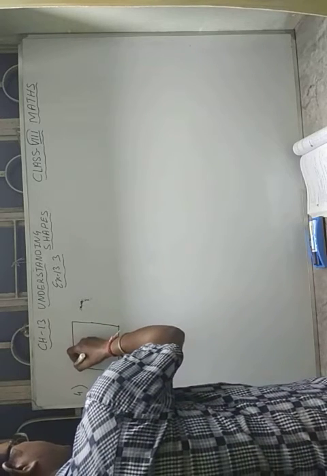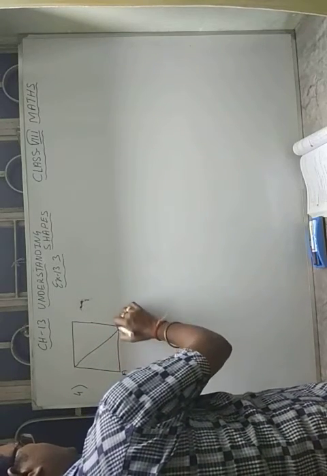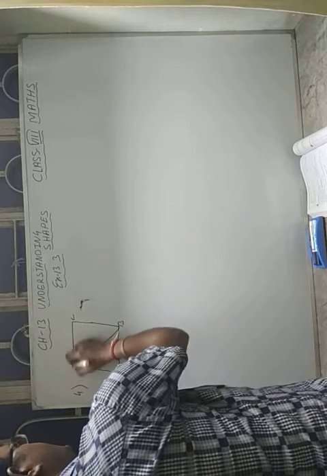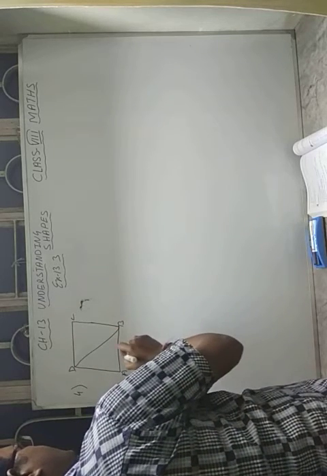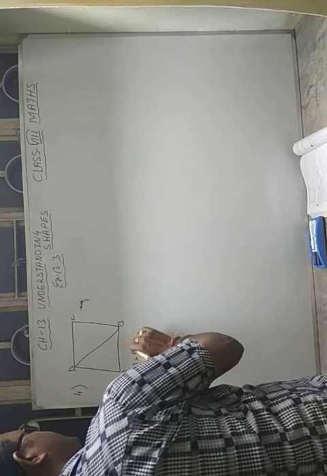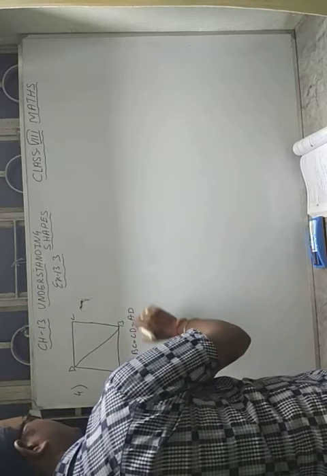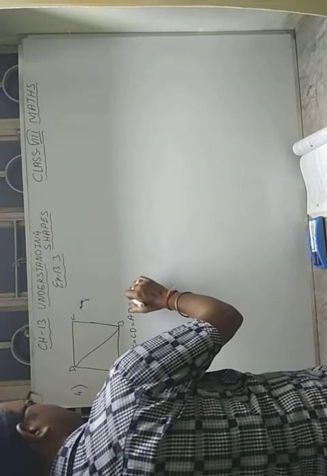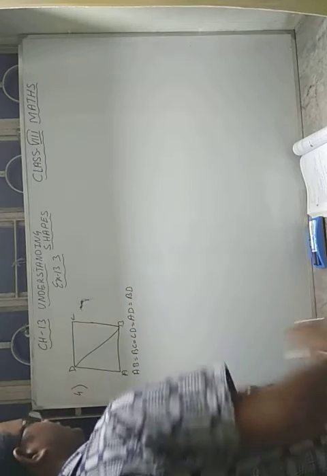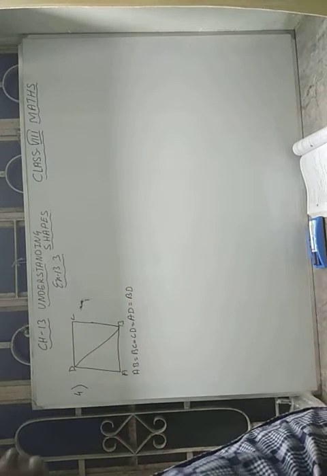So if I take a diagonal like this, suppose you take A, B, C and D. Here you know AB is equal to BC equals CD equals AD, that is equal to BD also. The diagonal BD is equal to all four sides.